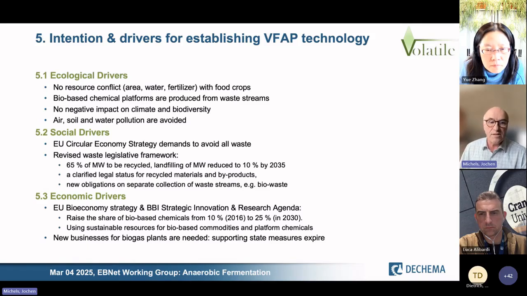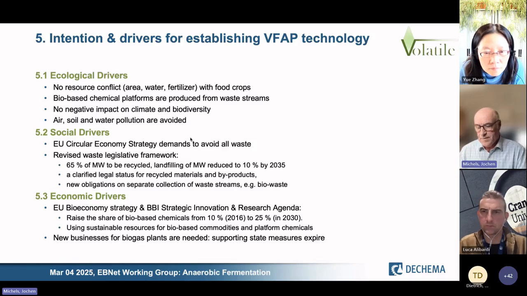And there are also social drivers to discuss. It was in that time the circular economy strategy that demands to avoid all waste, and also the obligation on separate collection of waste streams. We found this is a major driver to get more money out of waste collections.